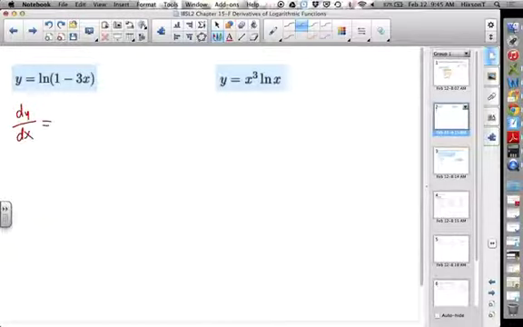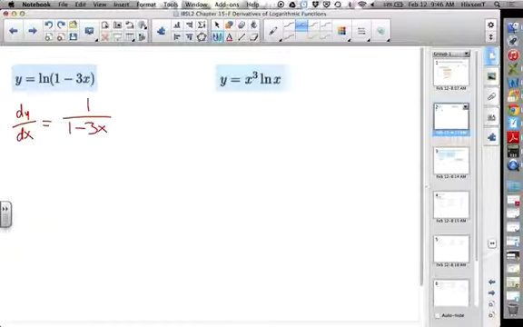Okay, so the outer function is the natural log, so I would have 1 over what I'm taking the natural log of. So it would be 1 over 1 minus 3x. Here comes the chain rule.